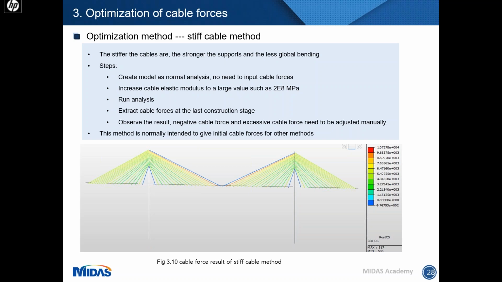Then we run the analysis and we extract cable forces at the last construction stage. But now it has not been finished because we also need to observe the result. Sometimes there might be negative cable force or excessive cable force. In that case, we need to adjust manually.